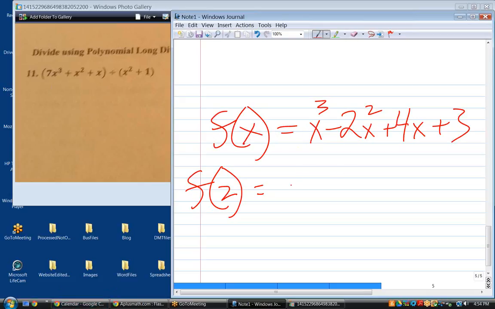Do you want the already solved form or just? No, do it step by step. 2 to the third minus 2 to the second. I think this is a critical step, to be honest with you. Writing it like this, as opposed to doing all the calculations in your head.